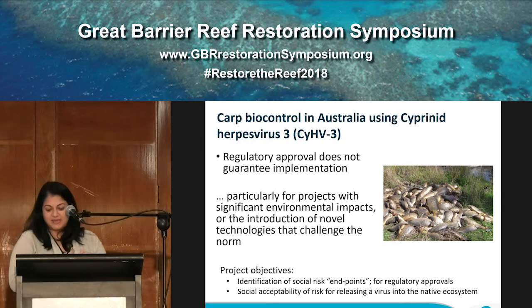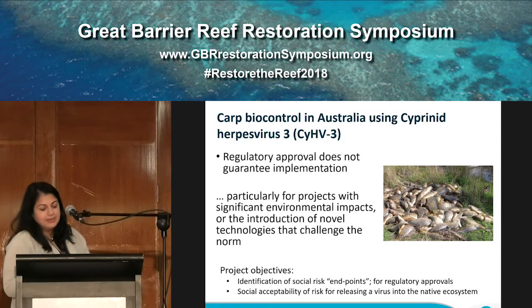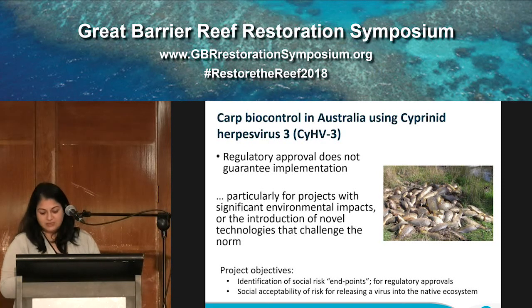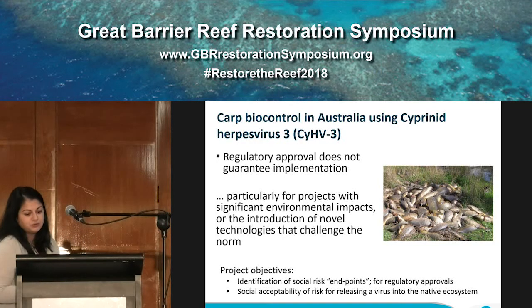Carp are an invasive pest, and they make up about 80% of the biomass in the Murray-Darling Basin waterways. And people are culturally, socially, and emotionally attached to carp. So it presents a few social issues.